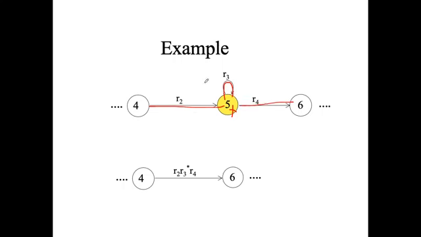So we remove state number 5 like this, and we concatenate the labels on the incoming edge, loop and outgoing edge. So incoming edge is R2, loop is R3 star, and R4 is this one.